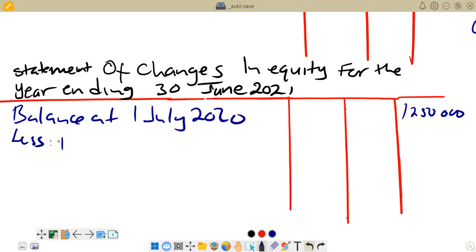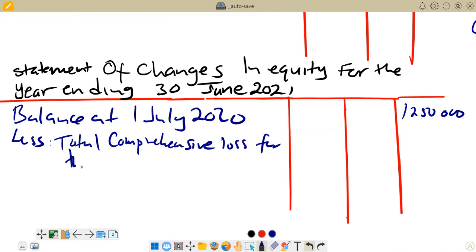Less total comprehensive loss for the year. And the figure that we got for comprehensive income is 51,598. So you've got 51,598.